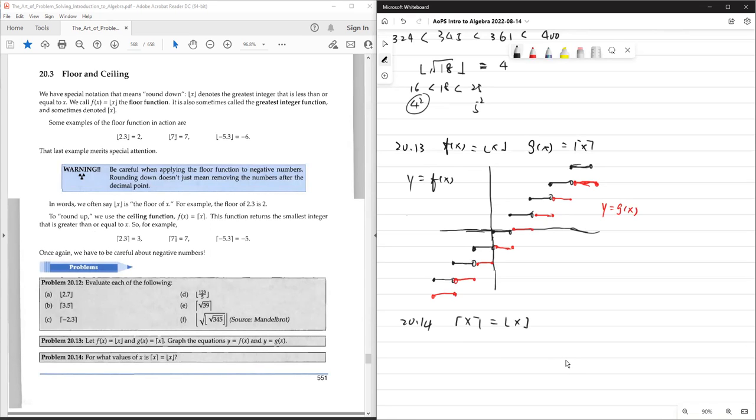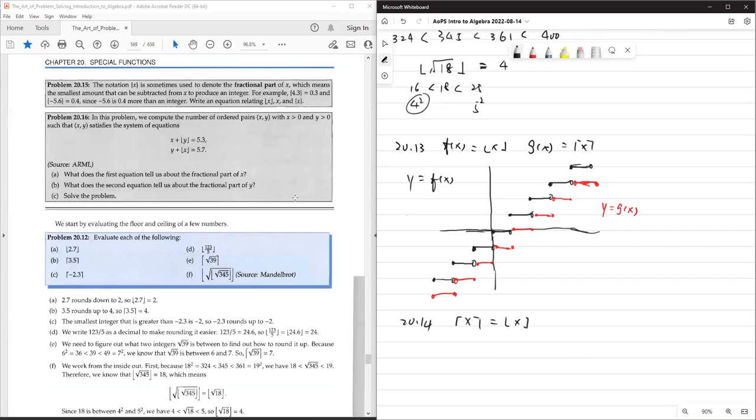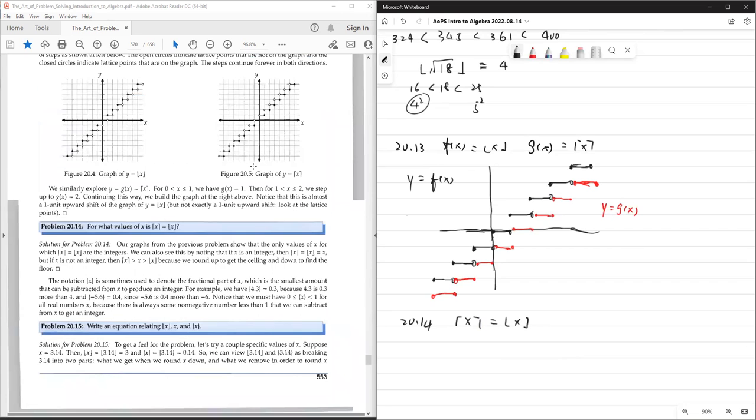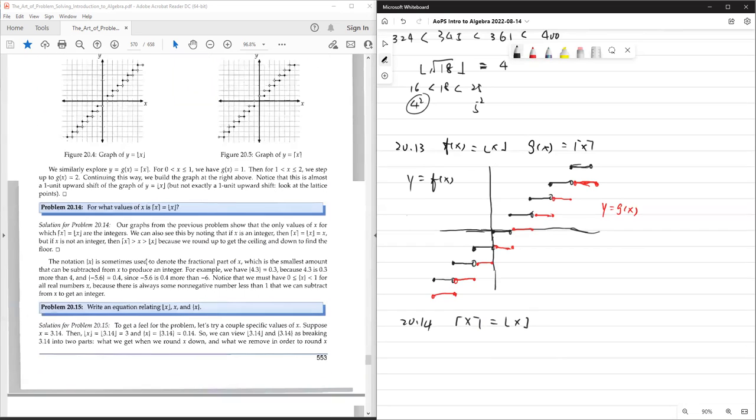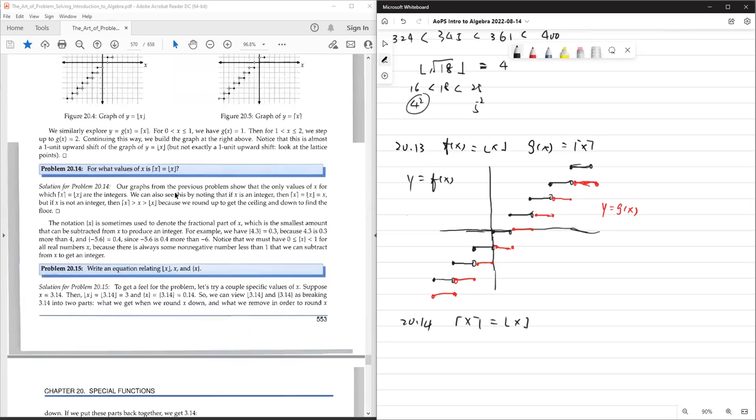Let's see if I can scroll this down. There's more problems. So this is the graph. I just graphed it on the same picture over here, right? Our graph shows that the values where they are equal are all integers. You can read it off the graph.